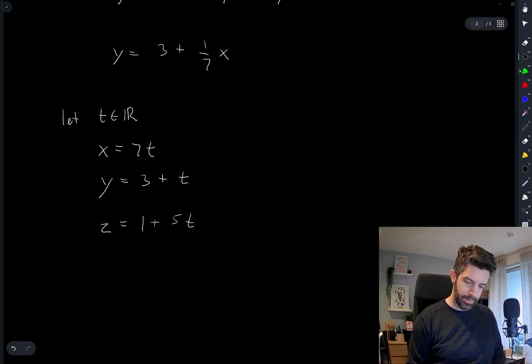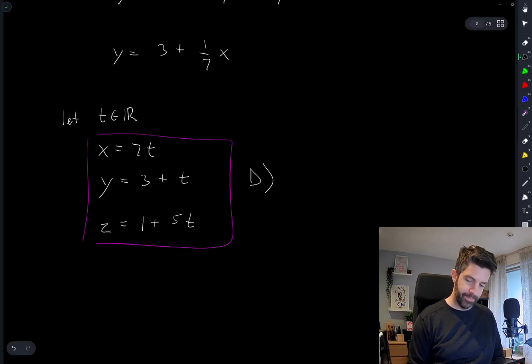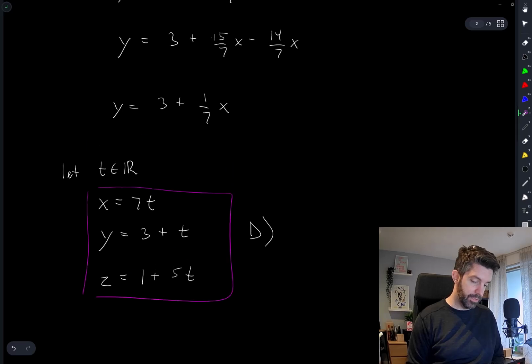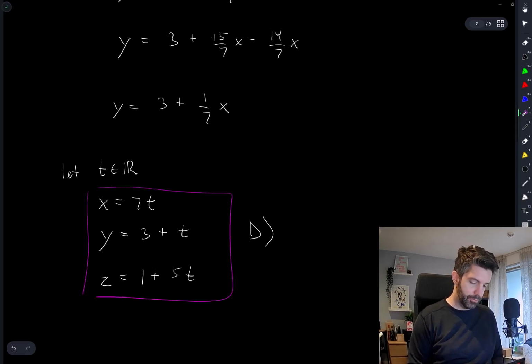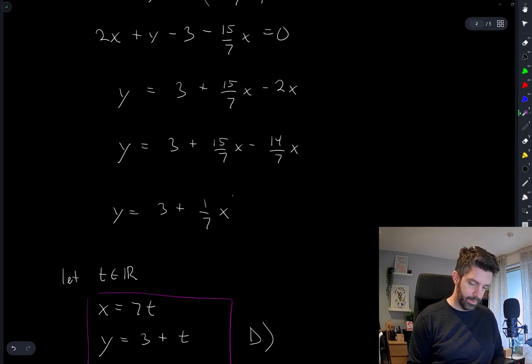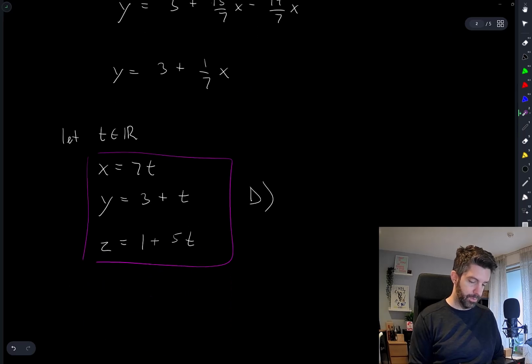And this is the parameterization that's given in option D. There's more than one way to do this, right? They have arbitrarily said that the free variable will be x. Well, the free variable will be x divided by 7, essentially, because x over 7 happens to appear in a few places. So we just set that equal to t and write everything else in that way.